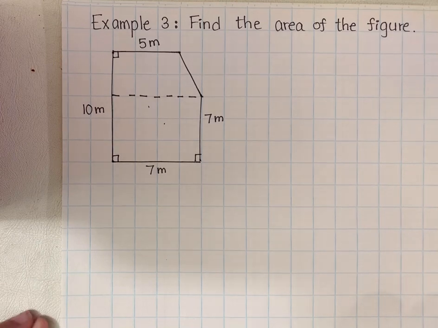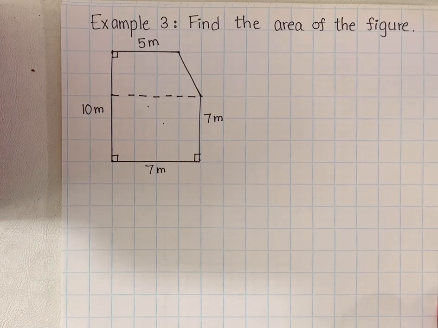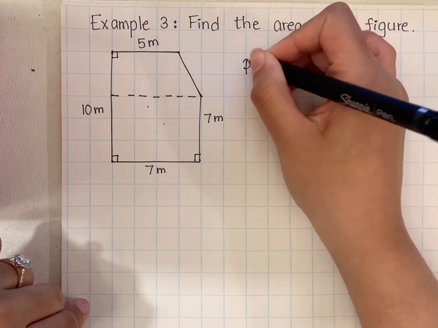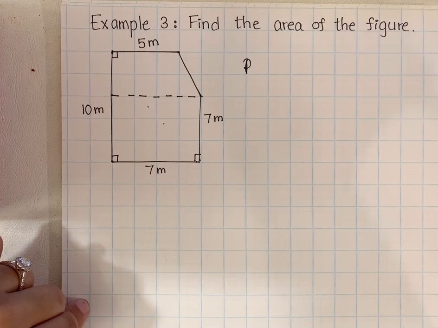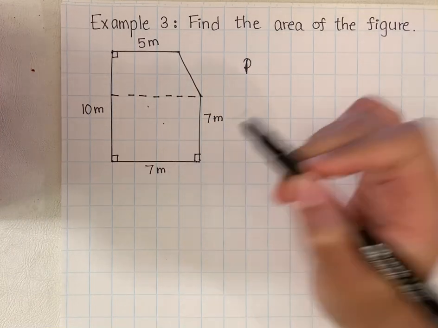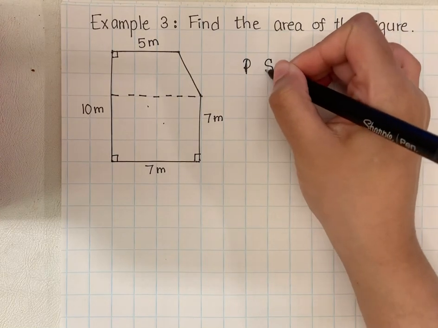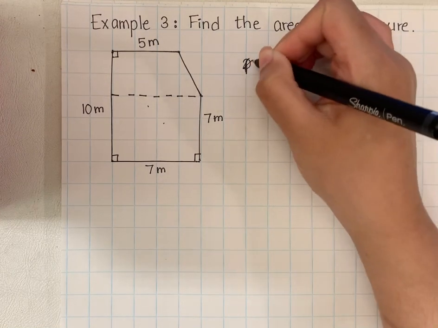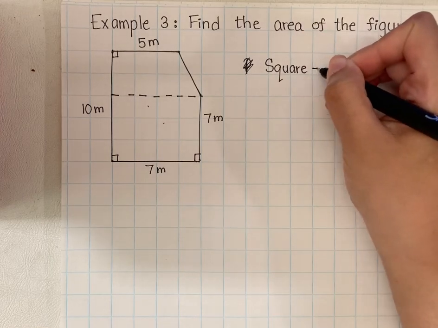I'm going to start with my easier figure, the rectangle. Even though it's not drawn to scale, it's actually a square, right? 7 and 7. So let me start with the square. Don't mind my drawing that's not to scale.